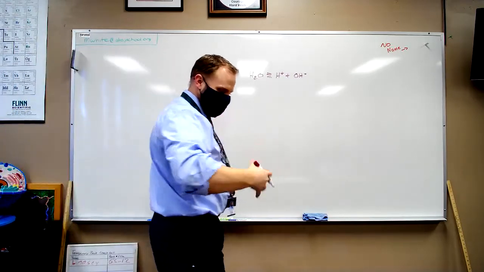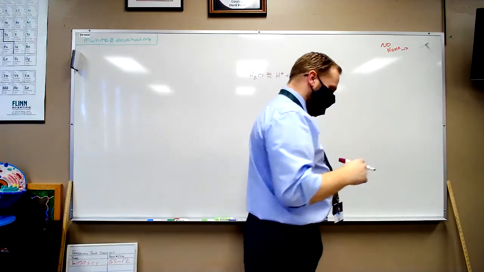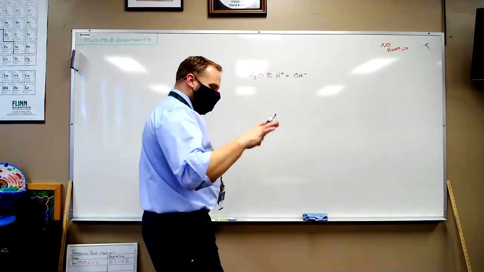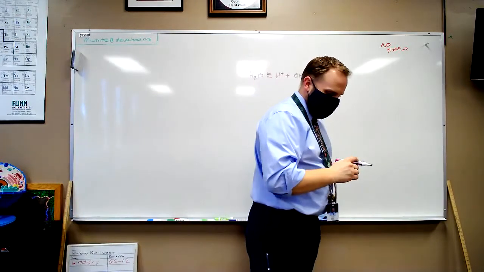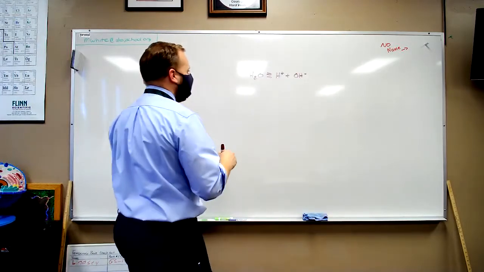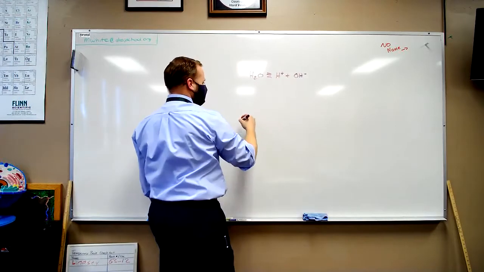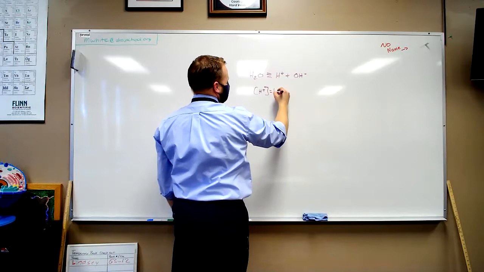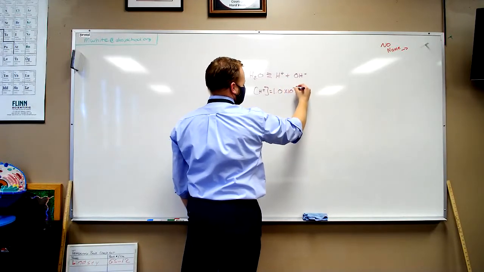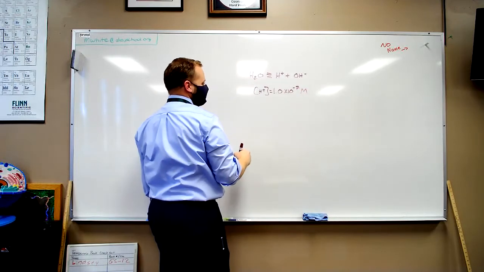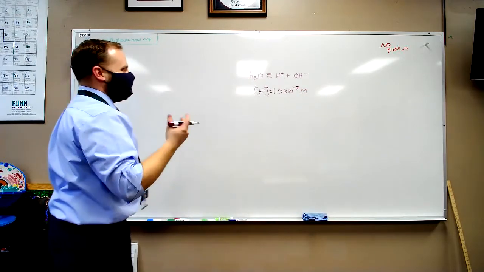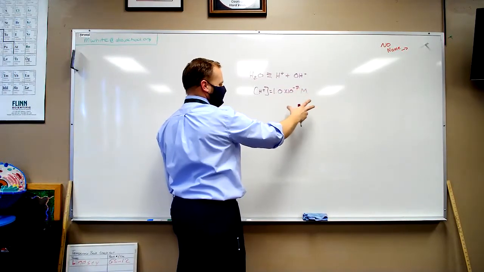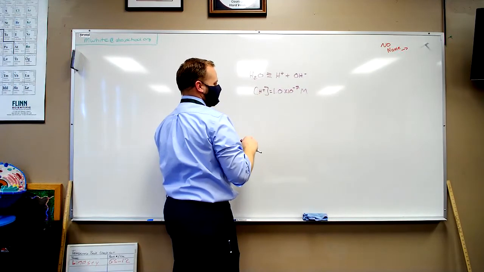Now, after doing some research and figuring things out, what we found is that water, and this is specifically at 298 Kelvin, okay, but in water at 298 Kelvin, the concentration of our H plus ions is 1.0 times 10 to the minus 7 molar. So in every liter of pure water at 298 Kelvin, we're going to have 1 times 10 to the minus 7 moles of hydrogen ions.